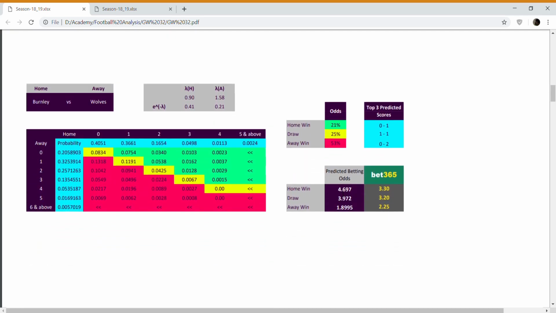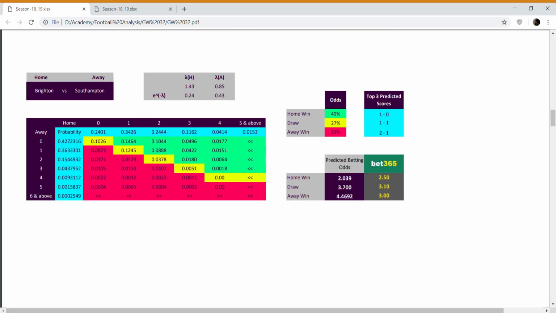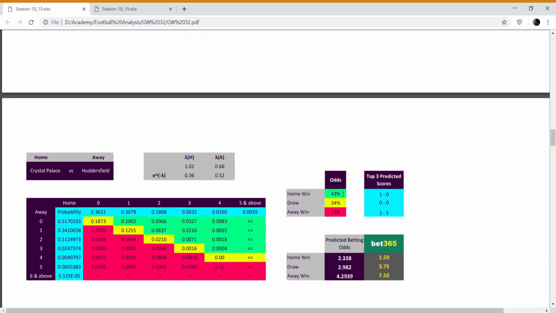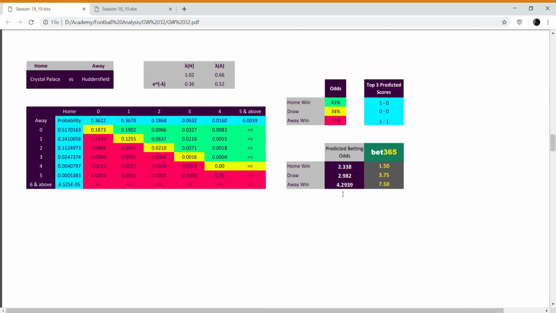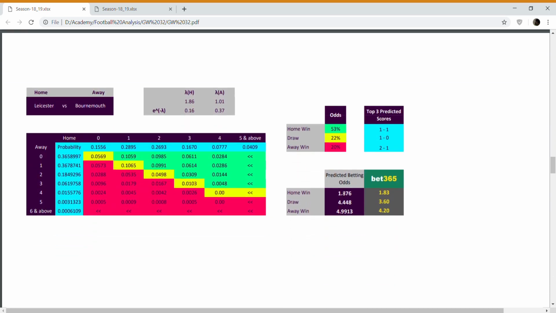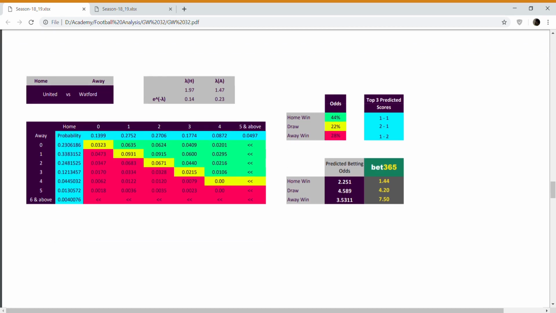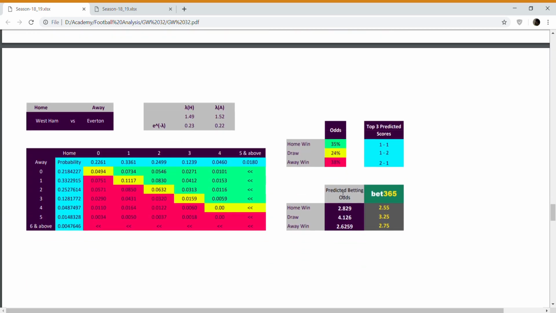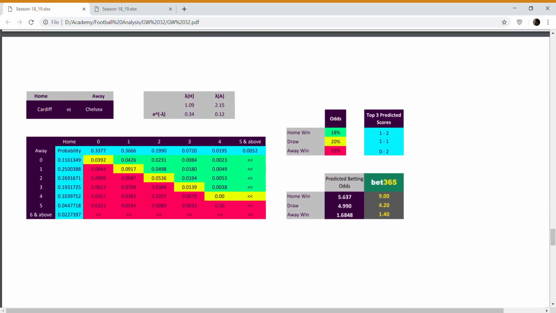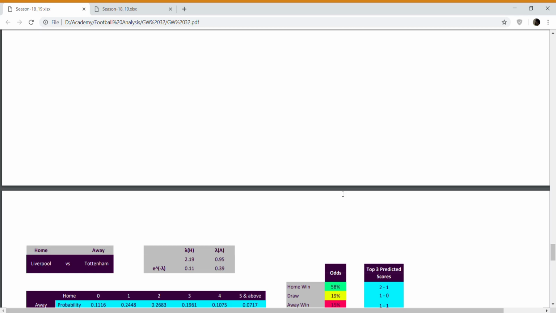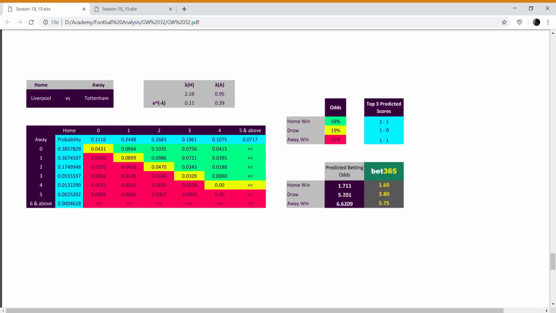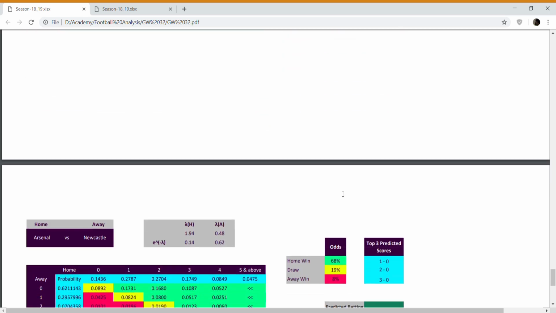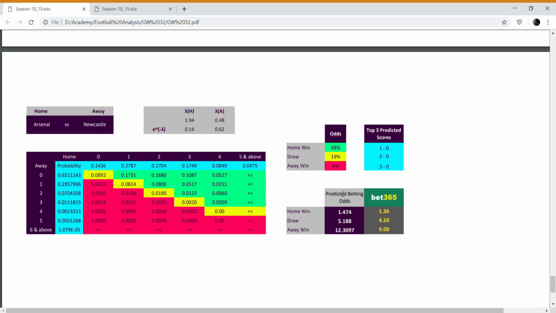Burnley versus Wolves, Brighton versus Southampton, Crystal Palace versus Huddersfield, Leicester versus Bournemouth, United versus Watford, West Ham versus Everton, Cardiff versus Chelsea, Liverpool versus Tottenham, and the final game, Arsenal versus Newcastle.